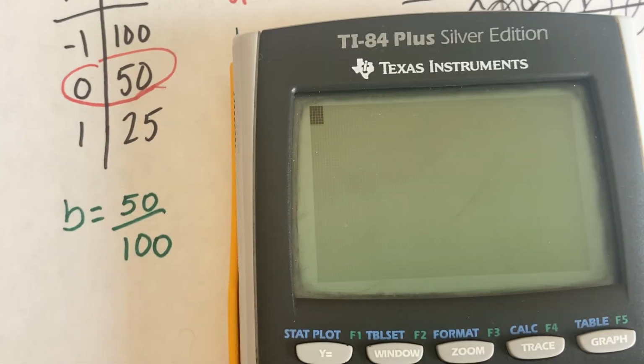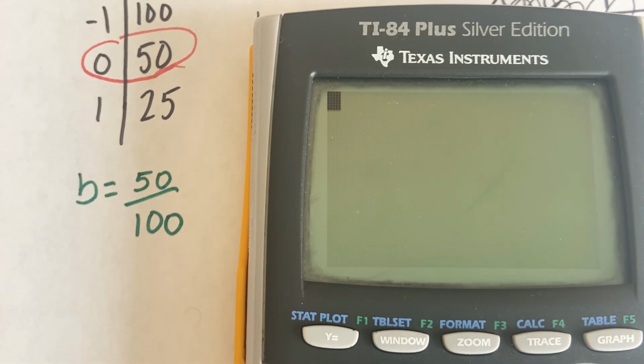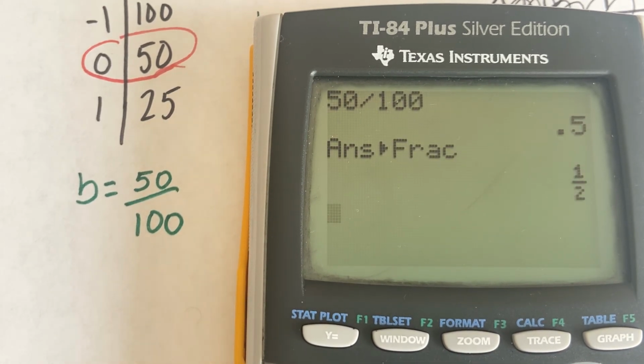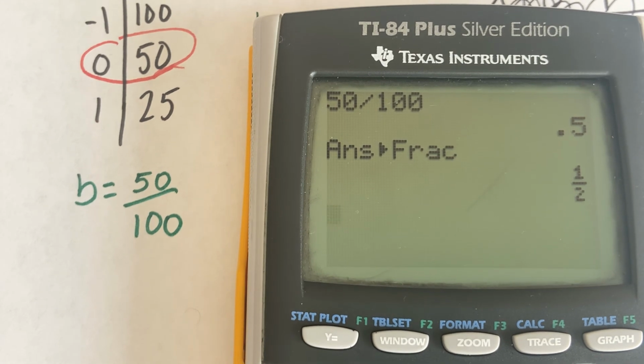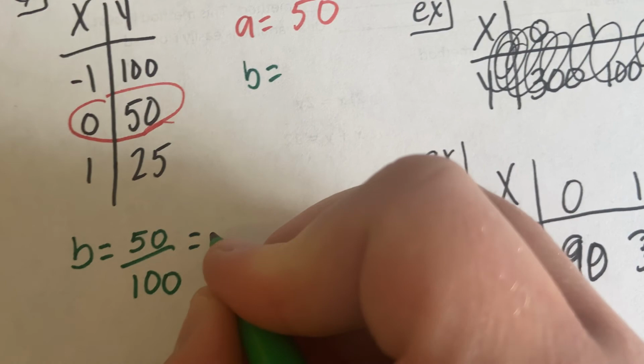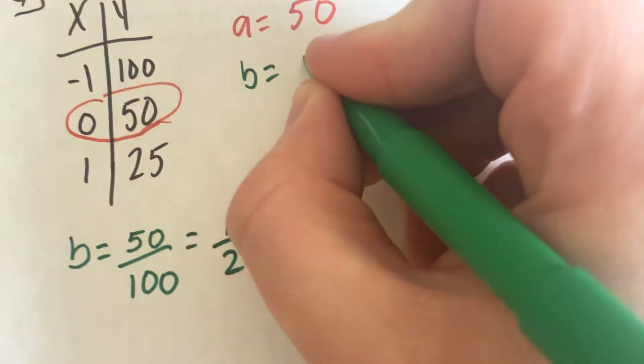Referring back to your calculator, you're going to need a lot of calculator work with this stuff. 50 over 100, and what's really nice is your calculator does simplify for you. We got that number 0.5. This is a nice decimal that terminates, but you really should turn this into a fraction. Math, enter turns that into 1/2. So my B value is going to simplify out to be 1/2.